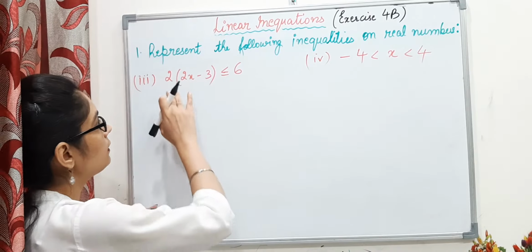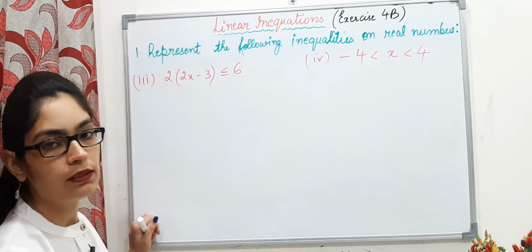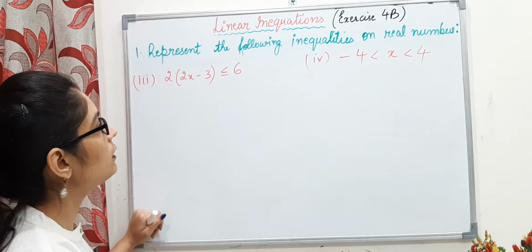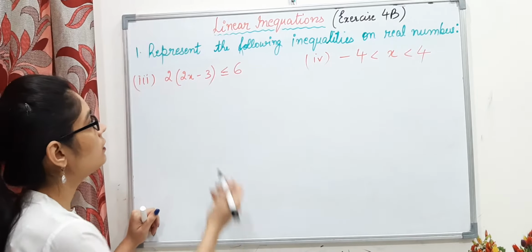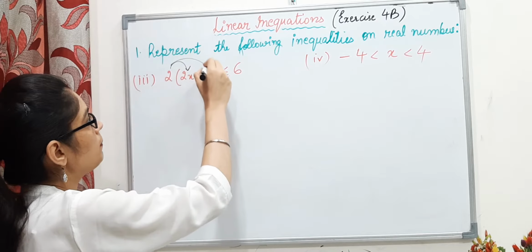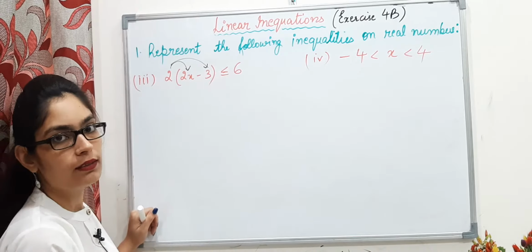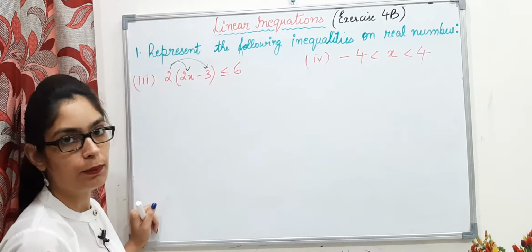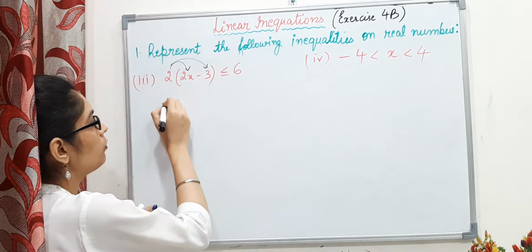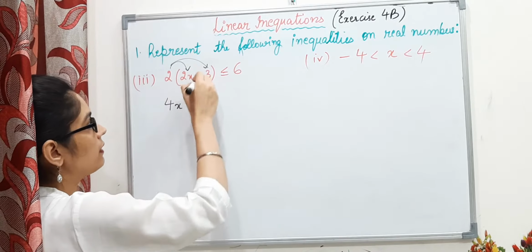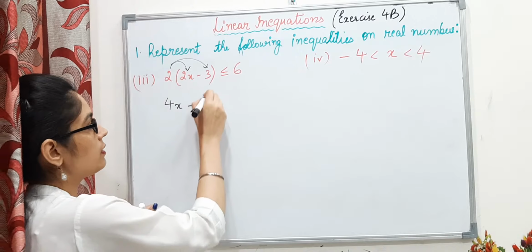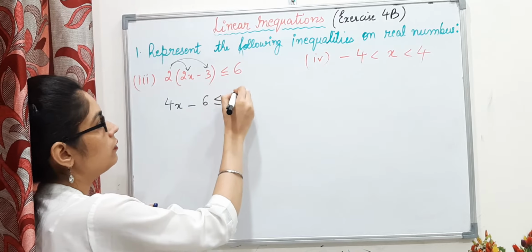In the third part it's given 2 into 2x minus 3 is less than or equal to 6. So we have to solve it first. This will do its multiplication because the bracket is there and this term is written outside the bracket. 2 into 2x is 4x minus, as it is, 2 into 3 is 6, less than or equal to 6.